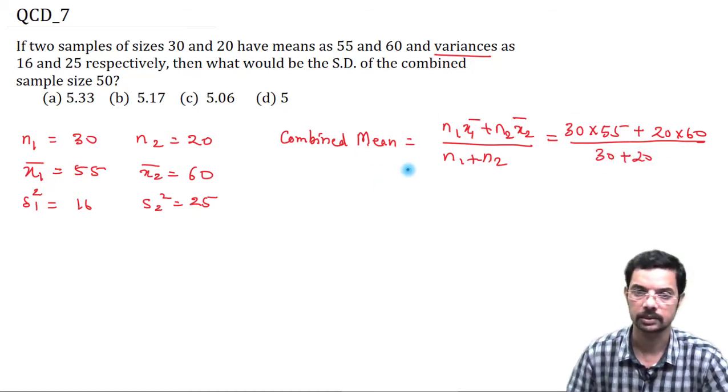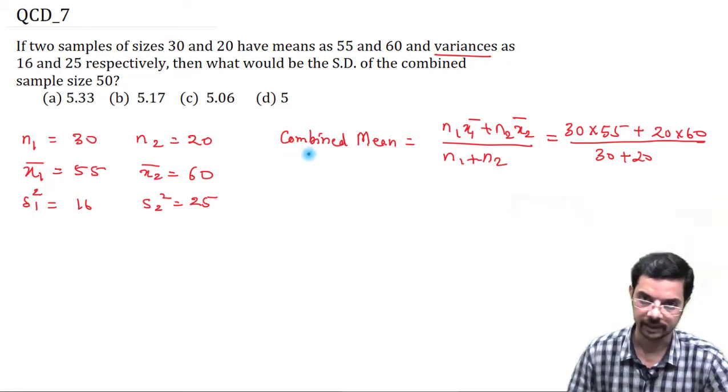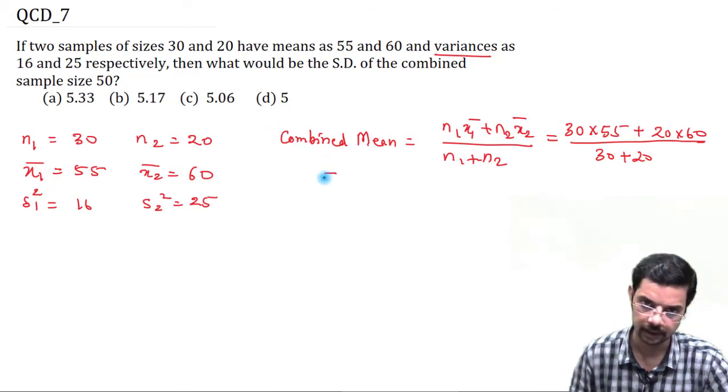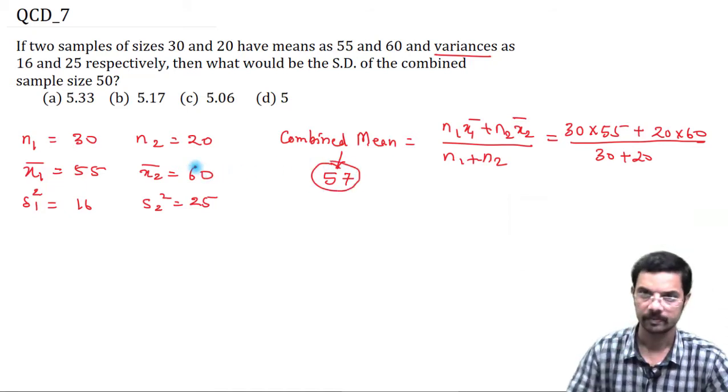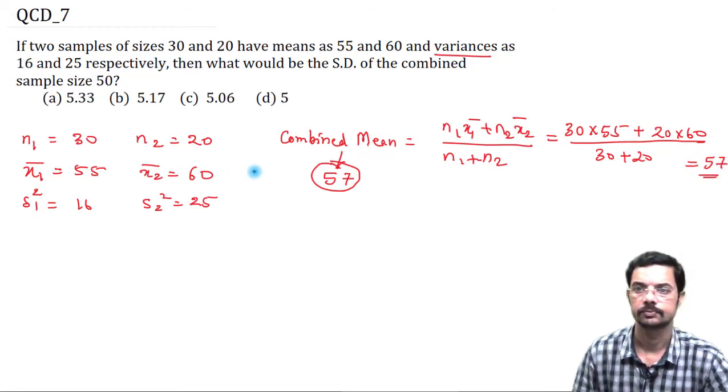Calculating this, after calculating, we get 57 as the combined mean.